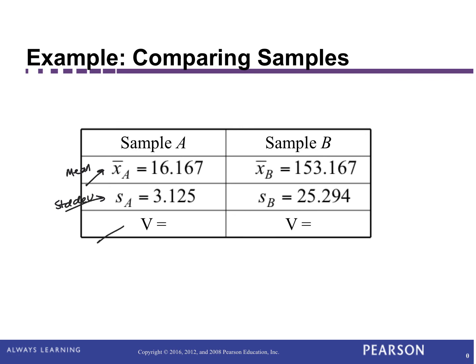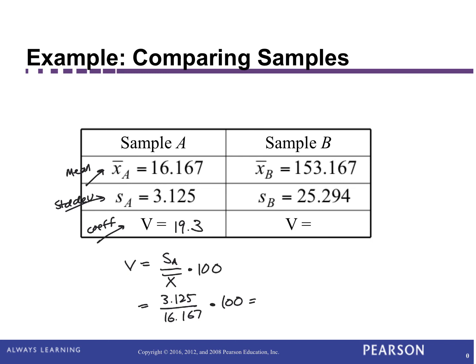And we want to calculate the coefficient V. So the formula is V equals standard deviation divided by the mean times 100. So the standard deviation is 3.125 divided by 16.167, and we're going to multiply that by 100. So doing that calculation, we get 19.3.